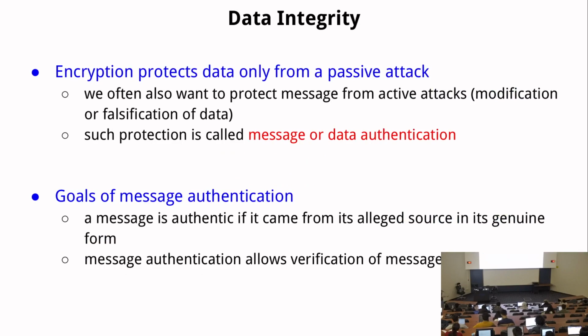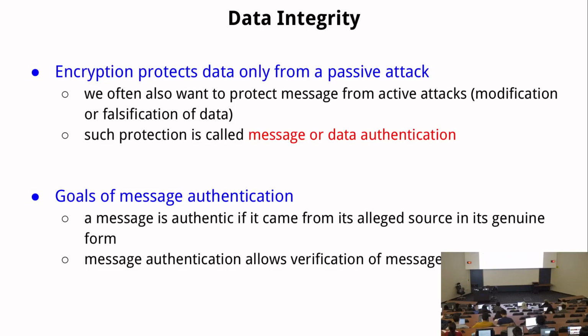So encryption only protects data from passive attacks, and data integrity is trying to prove the data was not changed by anyone else. Sometimes we also add authentication. Message authentication guarantees that the message is not changed by anyone in the middle, and also that the message is authentic.